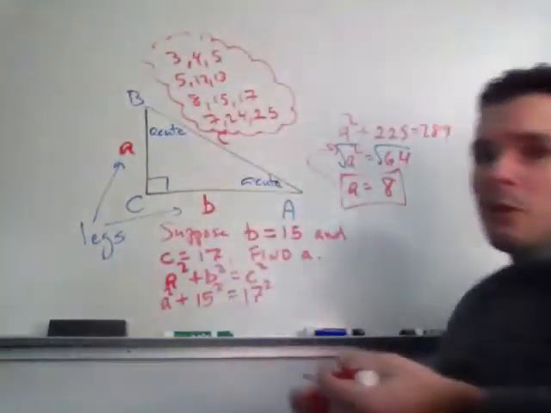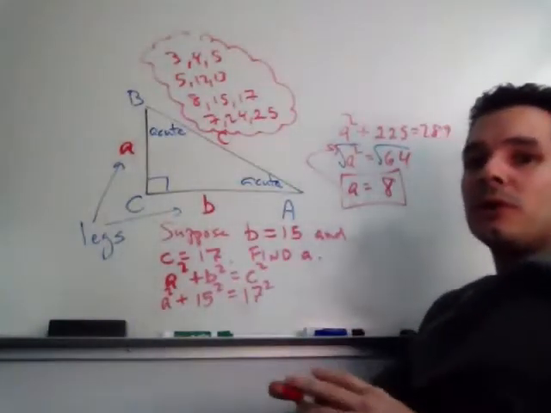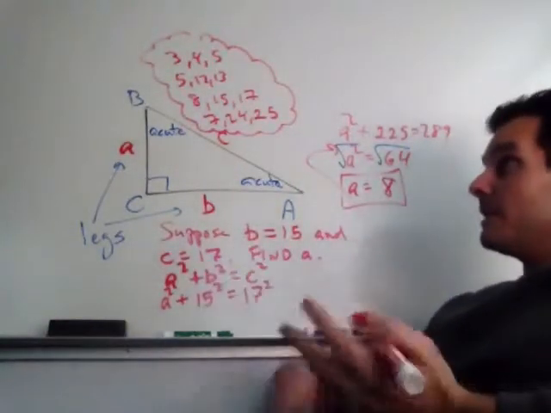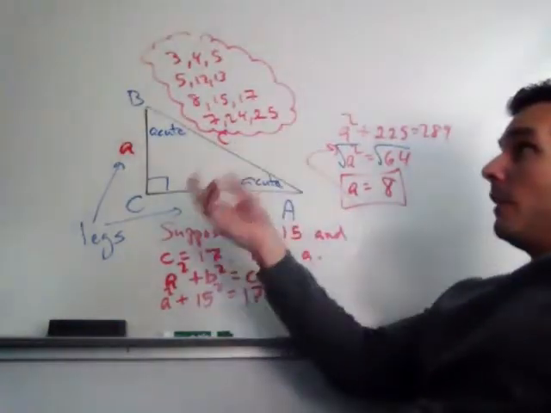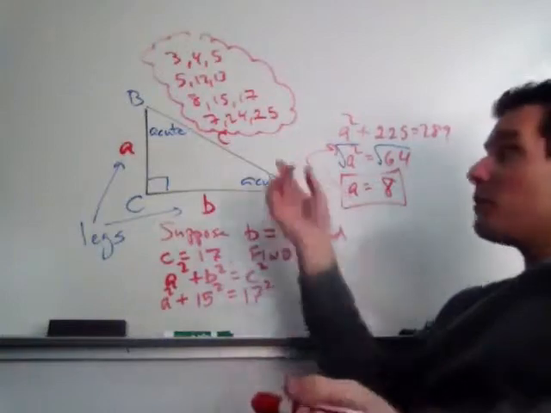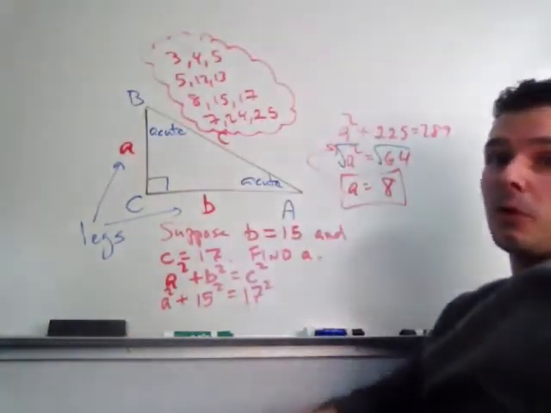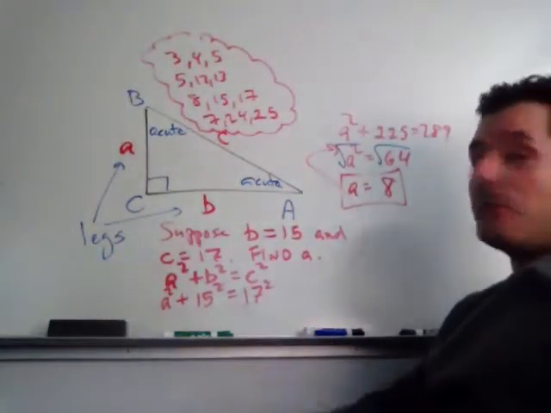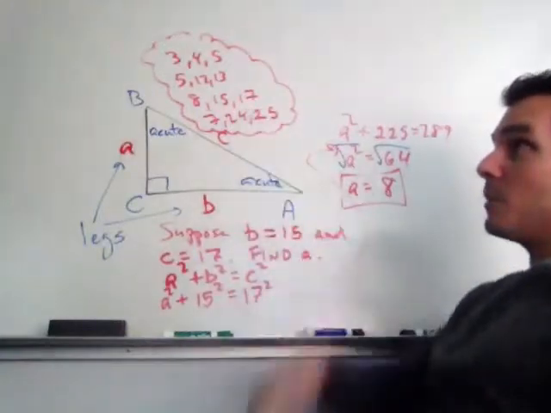All right? I say that those can save you a little bit of work because, let's say the problem was similar to this and it said one of the legs was 7 and the hypotenuse was 25. What's the other leg? If you remember this triple, without even doing any work, you would say the other leg has got to be 24 because of the 7, 24, 25.